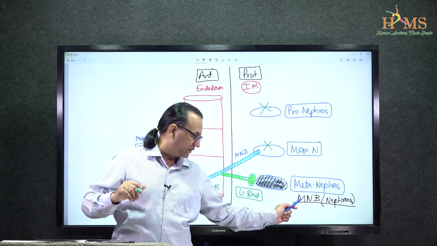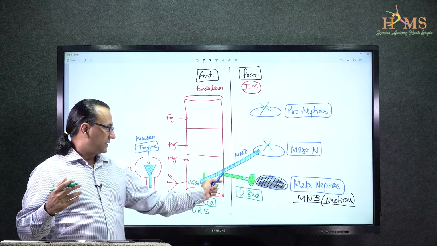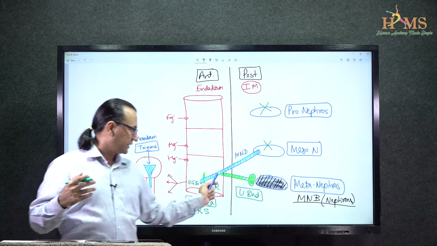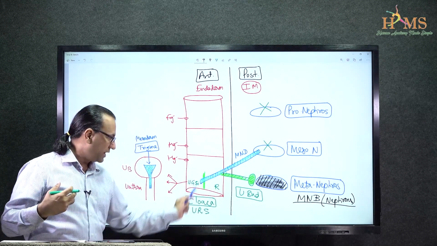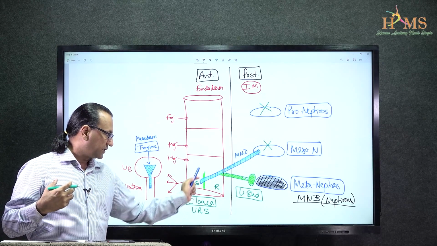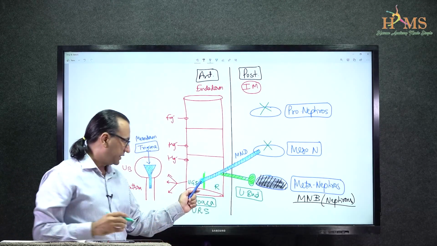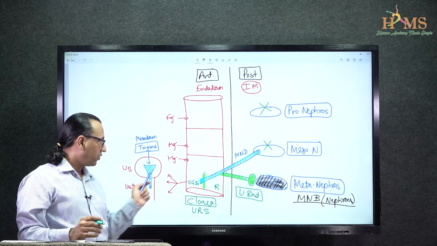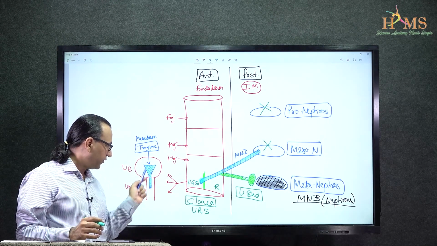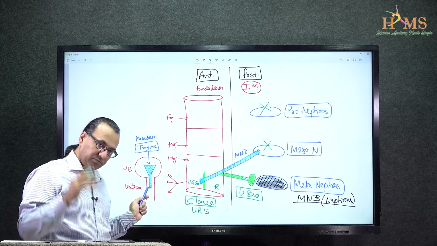Now, before we start discussing that, you see this tip of the mesonephric duct is now being absorbed into posterior wall of the urogenital sinus, and it is this terminal portion which is going to form the trigone of urinary bladder and posterior wall of the prostatic urethra proximally.